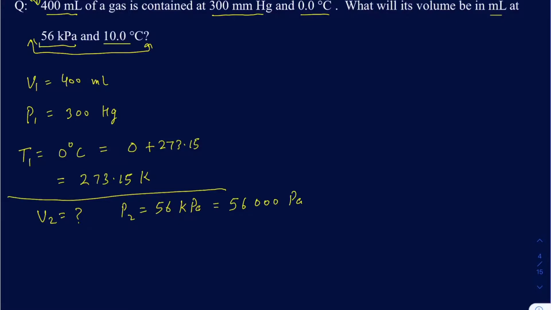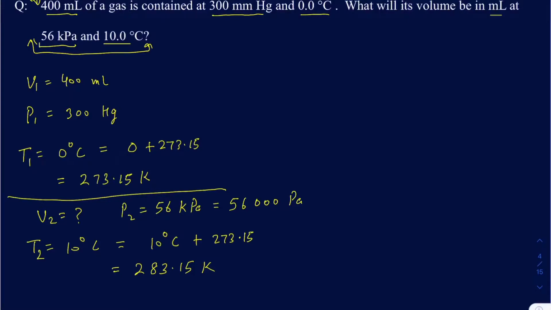And you have the temperature, which is going to be 10 degrees Celsius. So make sure you change that to Kelvin by adding 273. So 10 degrees Celsius plus 273.15 is going to be 283.15 Kelvin. So that's how you change the temperature. That's going to be T2 rather.